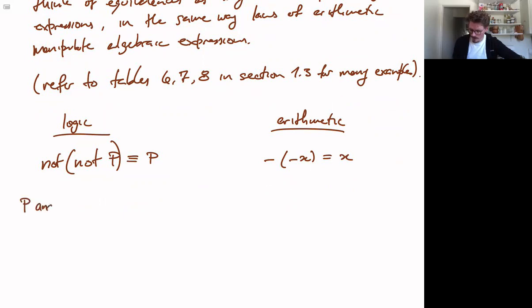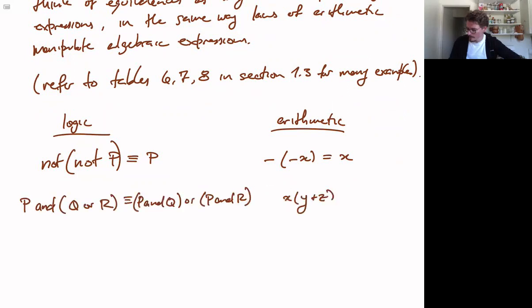Something that is maybe slightly less intuitive, but you could probably figure it out if you thought about it for a second, is you have sort of distributive laws. So P and (Q or R) is the same as (P and Q) or (P and R). And this you should think about as, in analogy with the arithmetic, x times (y plus z) is equal to x times y plus x times z. So if you look at the expressions, exactly the same kind of thing is happening.